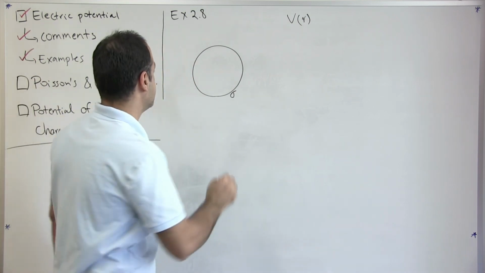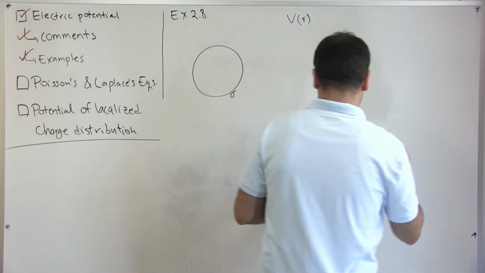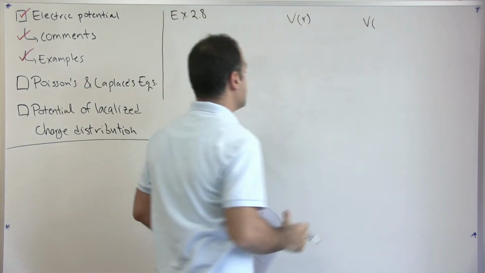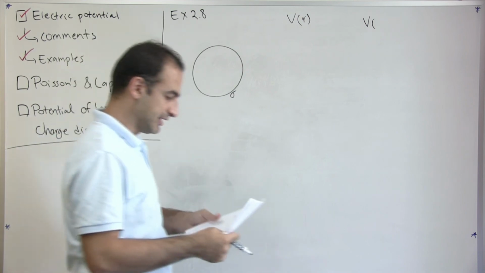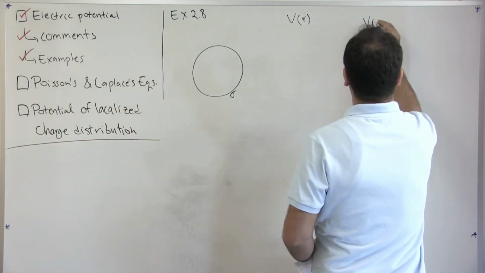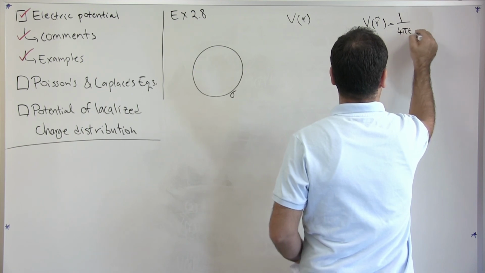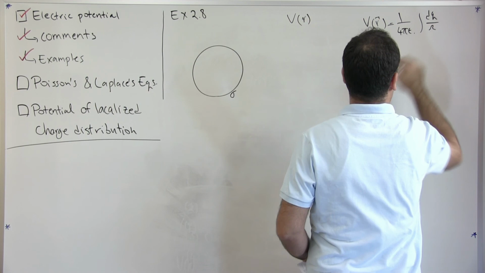So now what I want to do is integrate the potential from each small piece of this surface. We said that V(r) is 1 over 4 pi epsilon 0 integral of dq over r.